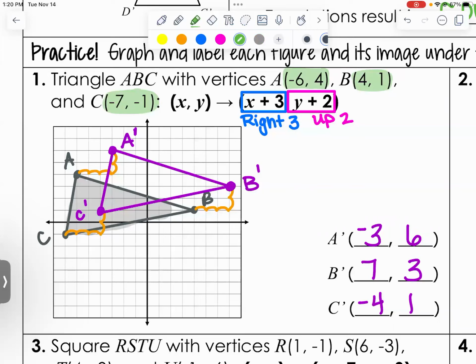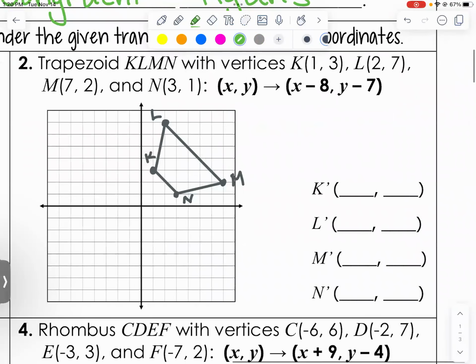Okay. So we're going to go to number 2 and I want you to think about what this means right here. Don't write anything down yet.